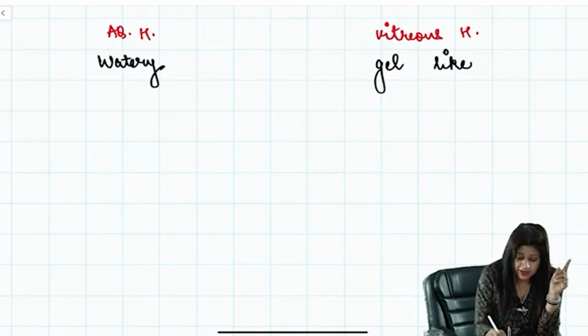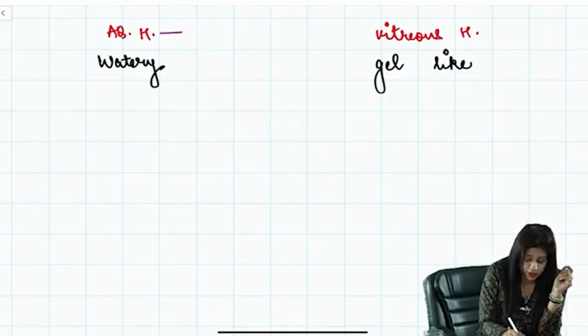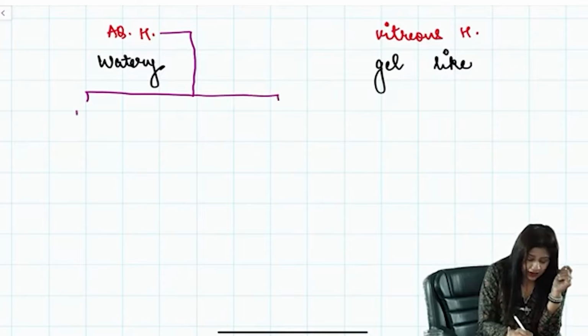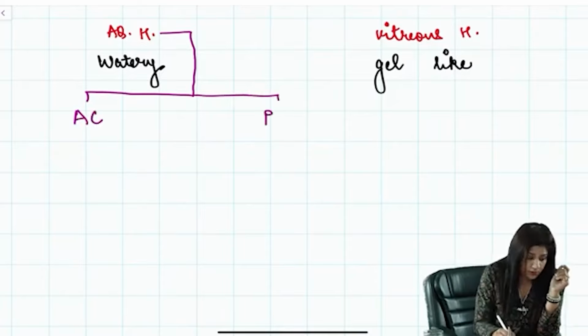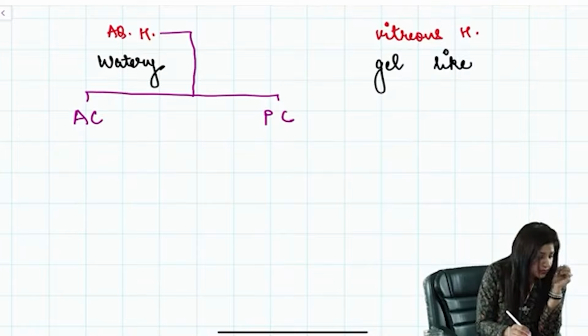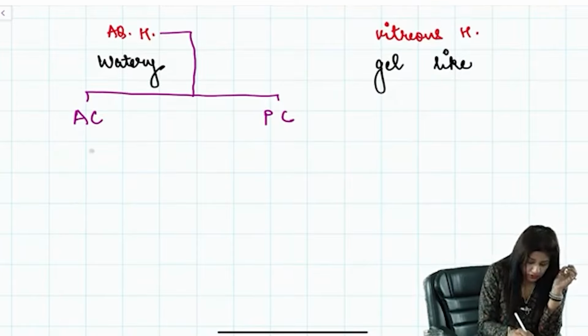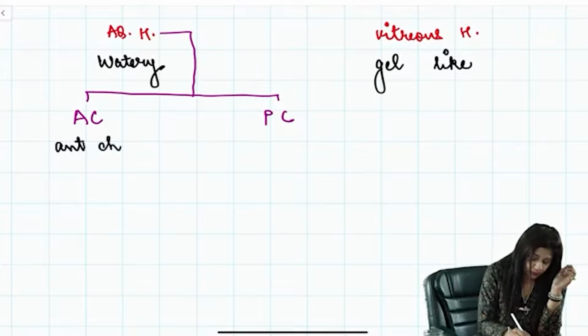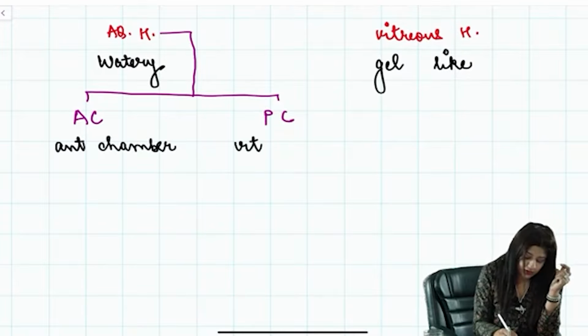We can divide the aqueous humor into 2 parts: the one present in the anterior chamber and the one present in the posterior chamber.